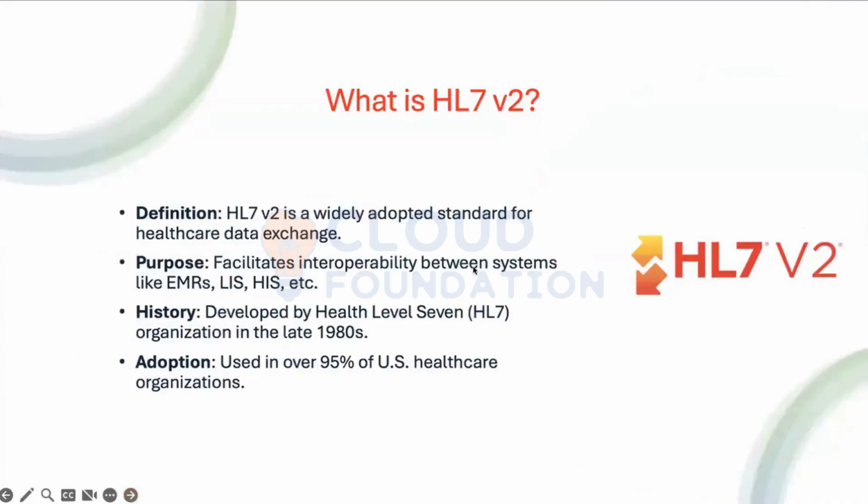What exactly is HL7 V2? The standard definition is that HL7 V2 is a widely adopted standard for healthcare data exchange. HL7 V2 is a part of HL7, and it is the first standard developed by HL7.